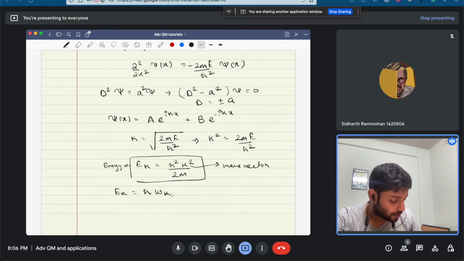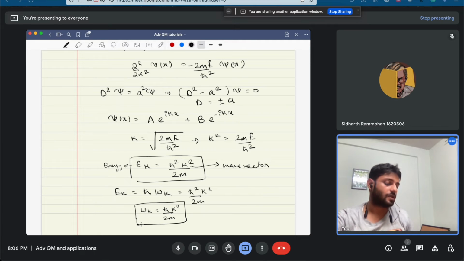And in terms of that, you can write it as, so your omega of k is essentially h bar k squared by 2m. This is the dispersion relation in terms of omega.